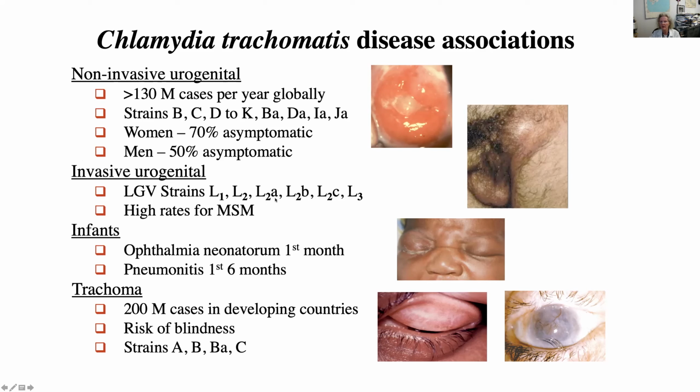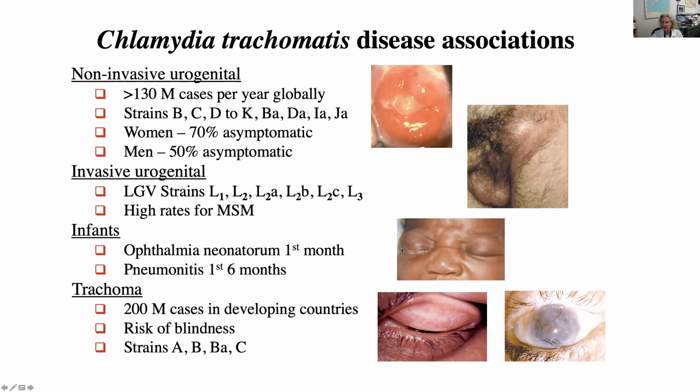The organism then tracks by lymphatics to inguinal lymph nodes and can cause what's called an inguinal syndrome. This can suppurate, and all sorts of fistulas can form. It can be quite painful and debilitating. And there are high rates of LGV infections in men who have sex with men.